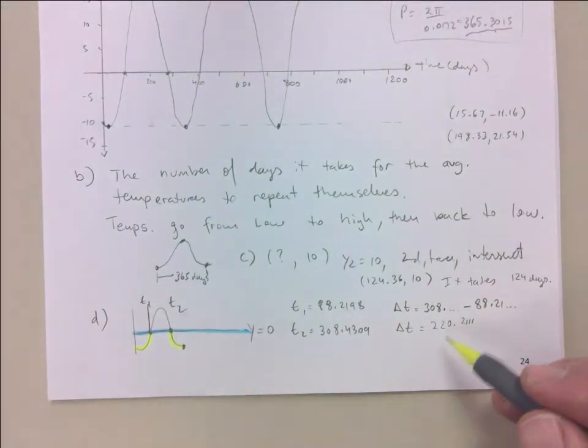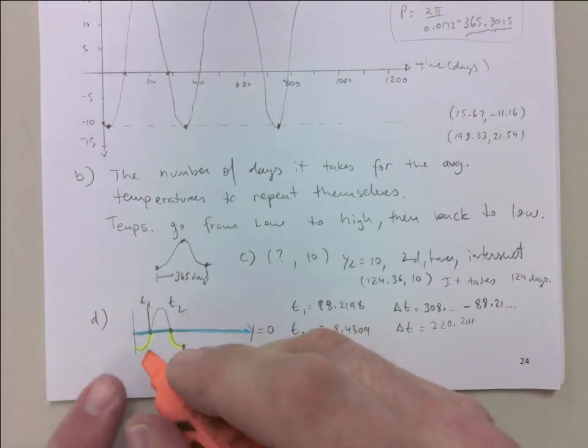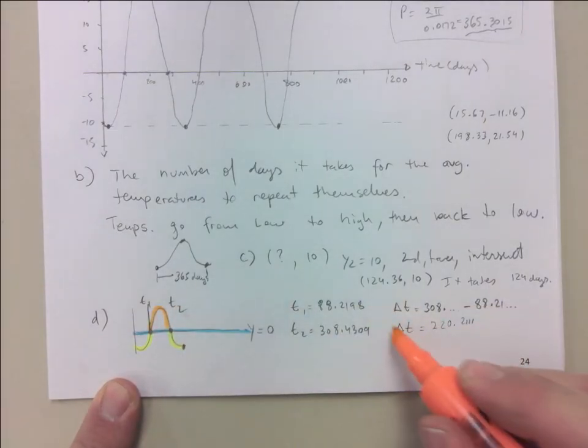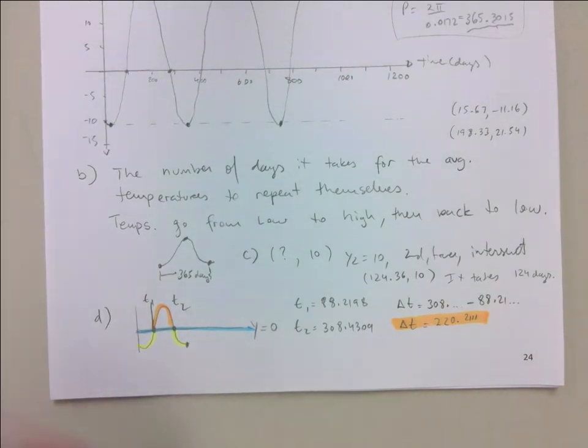But what did I find here? Let's do orange for hot. When you subtract, you're finding out what happened between those two times, which is above freezing. You want below freezing. How would we find below freezing?